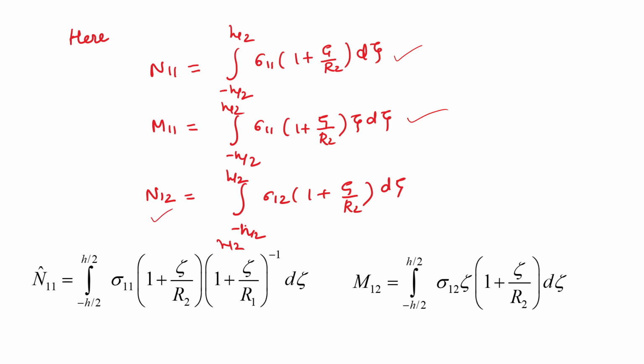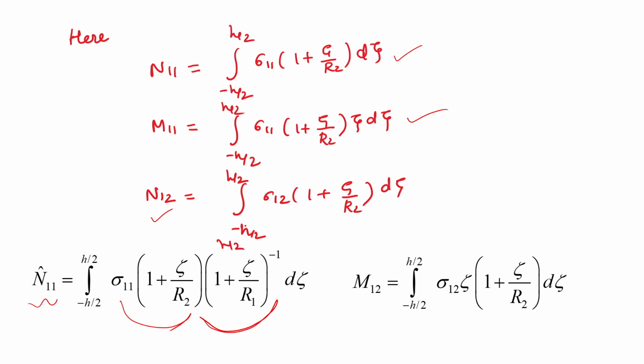N12, okay, right now we are not using the definition of N12, but we are definitely using the definition of N hat 11, where N hat 11 is defined as another resultant, that is sigma 11 times 1 plus zeta by r2, that was common, but this term comes.